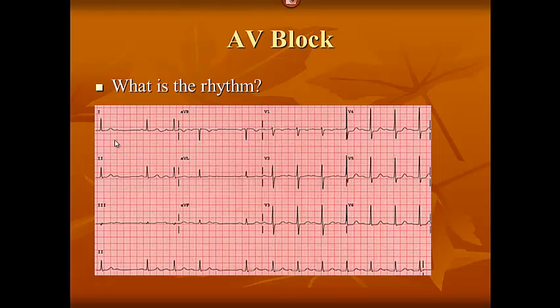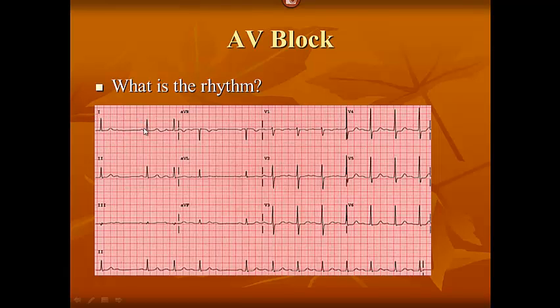So in other words, if the first degree was a prolonged but constant PR interval, here there is progressively increasing PR interval prolongation with each beat until a P wave is not conducted. So it would be an irregular RR interval.